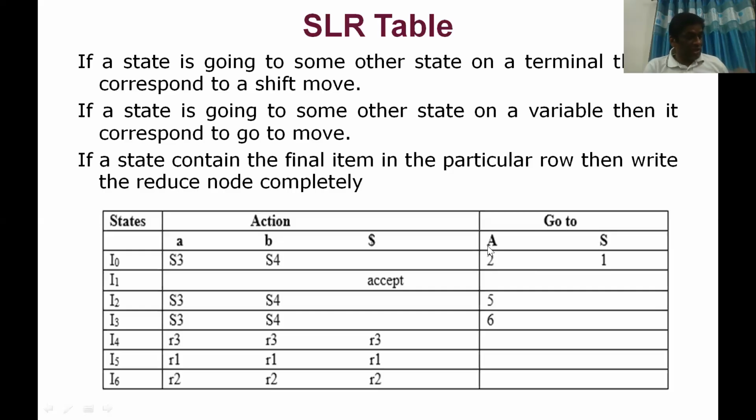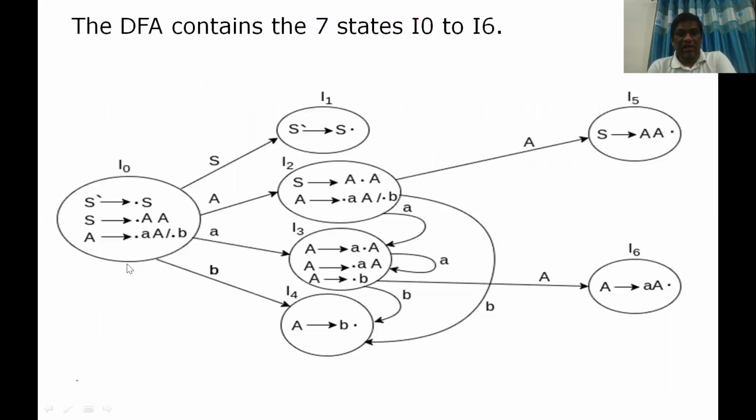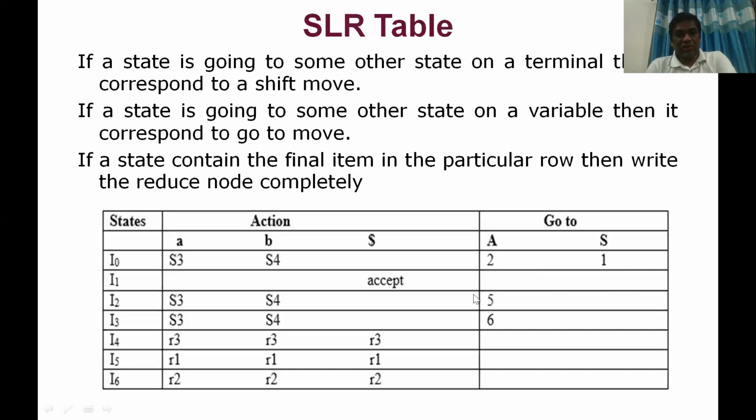You need to write only the variables given in the original grammar. Then these are the states generated by canonical LR items, I0 to I6, so they will form the rows. So rows are the states, columns are the action part and goto part. The action part contains the terminals, the goto part contains the variables.